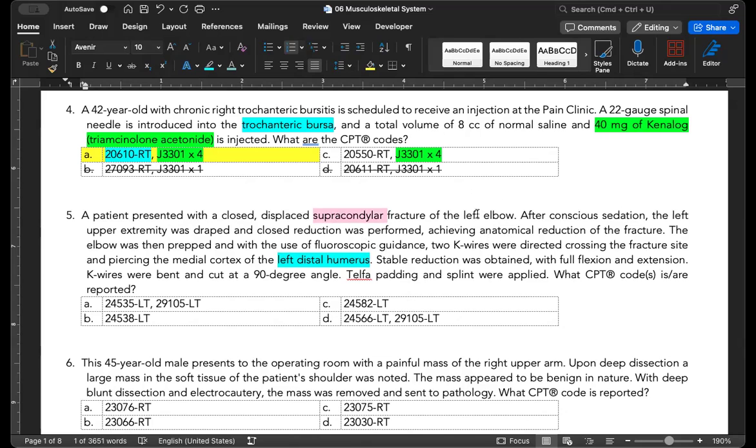The elbow is just that joint of where your bones go together. Okay. So the anatomic location of it really is the humerus, and it was on the supracondylar portion of the humerus. So we'll go to supracondylar. And then what type of repair did we do?